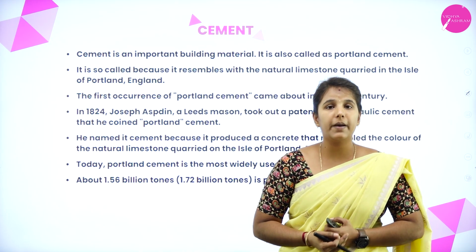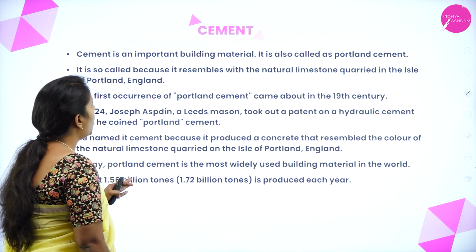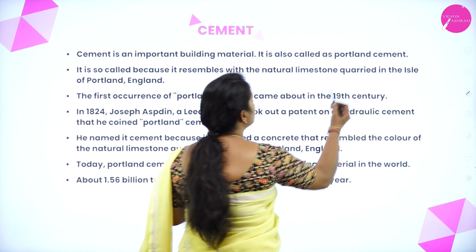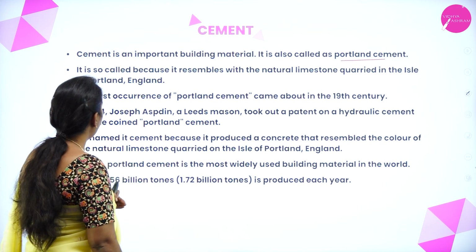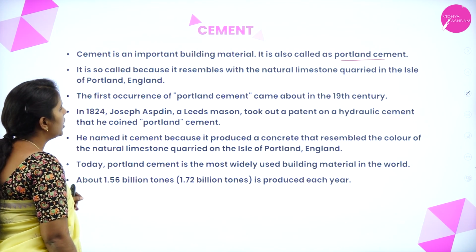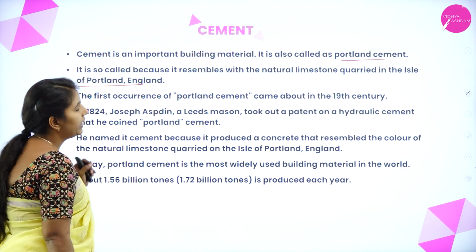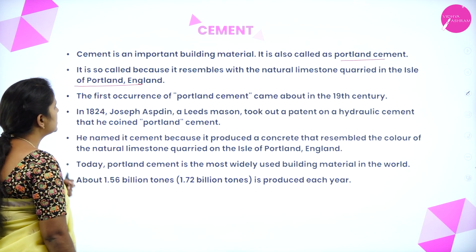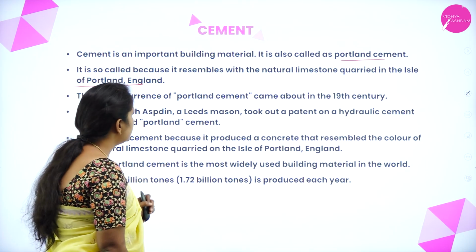So how do they prepare cement? Let's understand now. Cement is an important building material which is also known as what? Portland cement. This is called so because it resembles the natural limestone quarried on the Isle of Portland in England. The first occurrence of Portland cement came about in the 19th century.